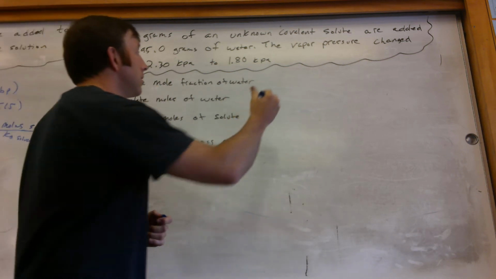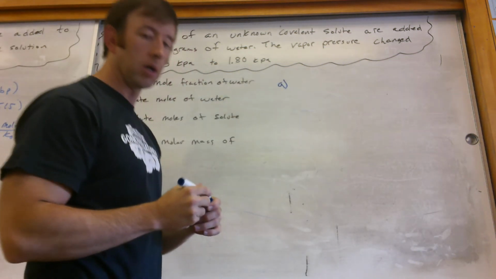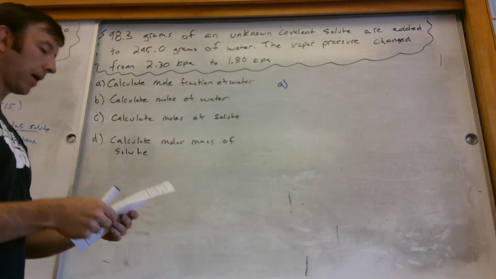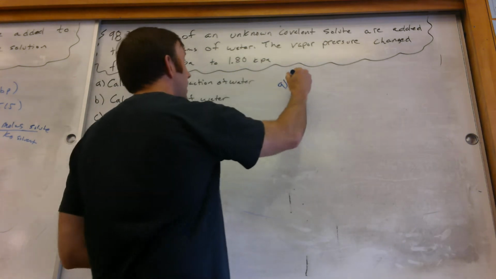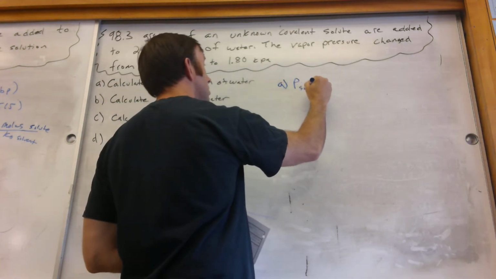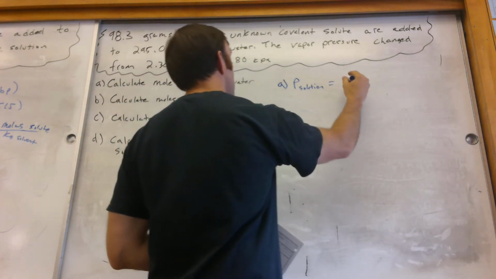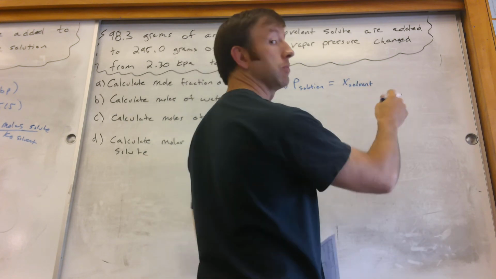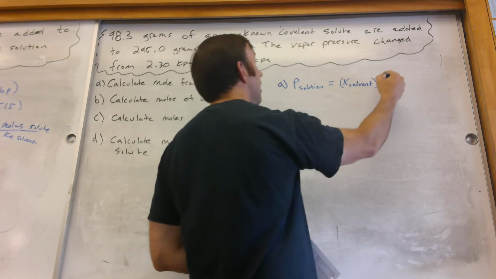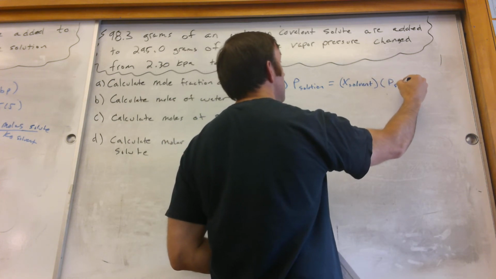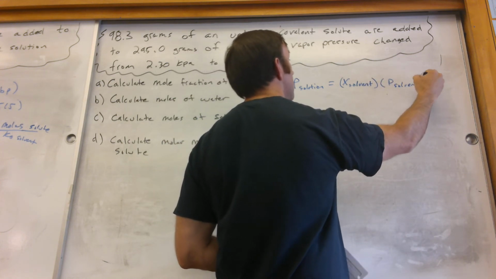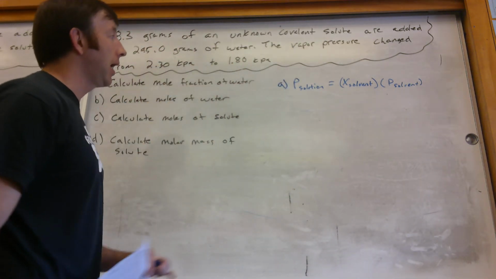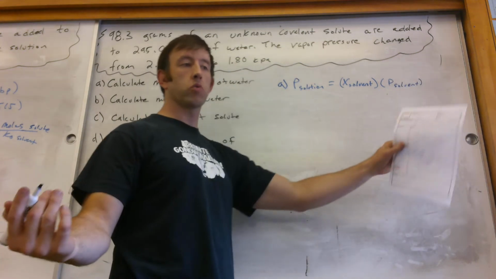So for letter A, to do my first step, calculating my mole fraction of water, I'm going to use P solution equals X solvent, which is my mole fraction, times P solvent. I've got two vapor pressures up here, so it's about knowing which one to put where.